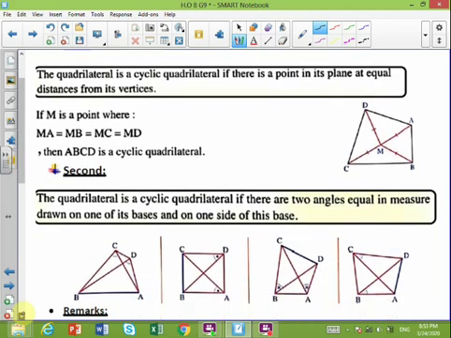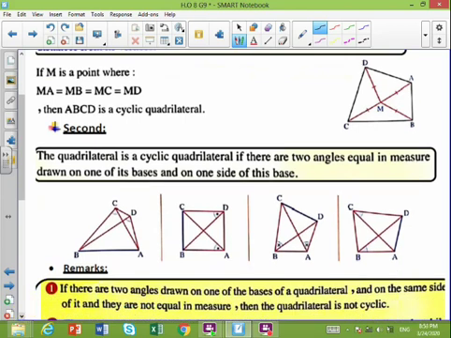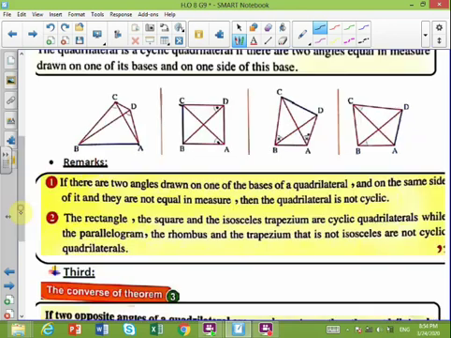Also, the quadrilateral is cyclic if there are two equal angles drawn on one of its bases and on one side of this base. We took this many times. Here angle D equals angle C, the base is AB; angle D equals angle A, here is BC, and so on. We talked about this before.